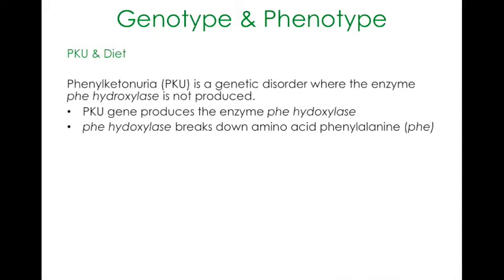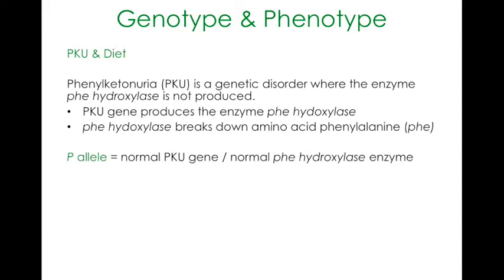So if you have this PKU gene, you produce this enzyme. The enzyme is able to then break down this particular amino acid, phenylalanine, right? If you don't have it, or if you have a mutated PKU gene, the enzyme doesn't work. If the enzyme doesn't work, it means you can't break down phenylalanine and it builds up in your body, okay? Your body isn't able to remove it, okay?